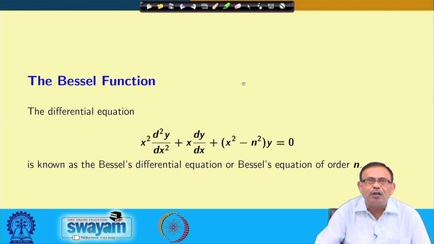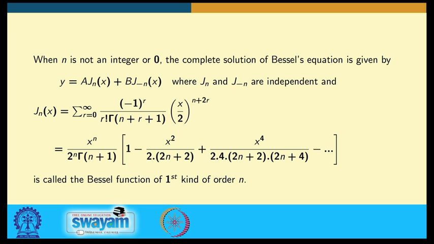Now, when n is not an integer or 0, the complete solution of the Bessel equation we write like this: a J n x plus b J minus n x, where J n and J minus n are independent.